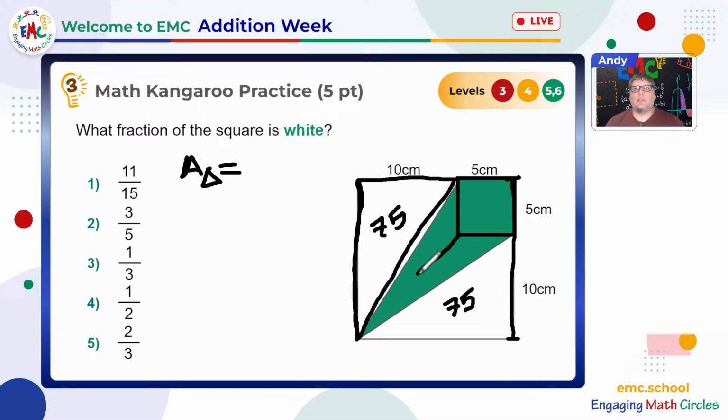If I cut this down this way, I get 2 little green triangles. Okay. So this corner up here is 5 by 5. That's going to be 25.